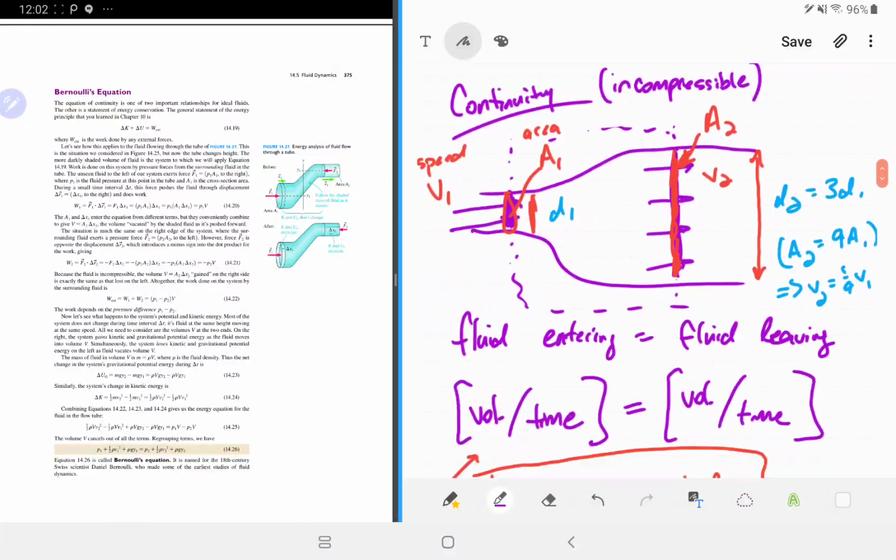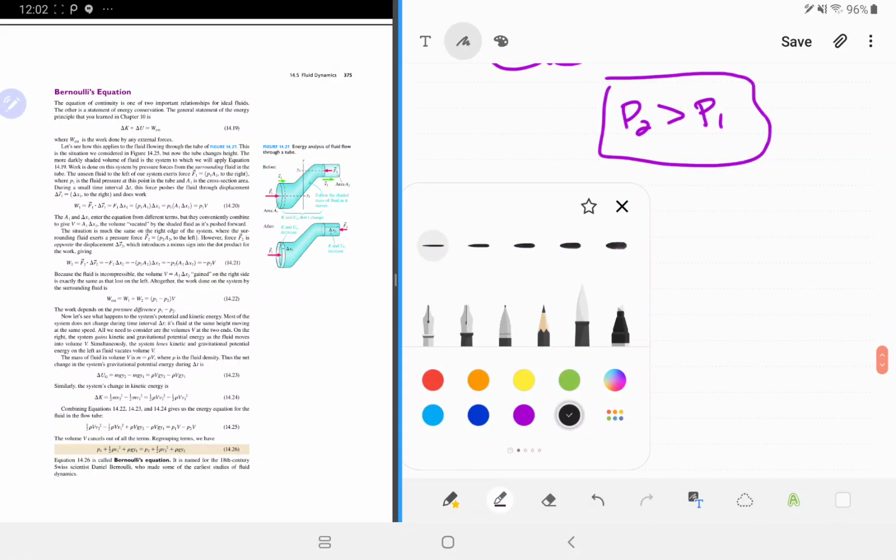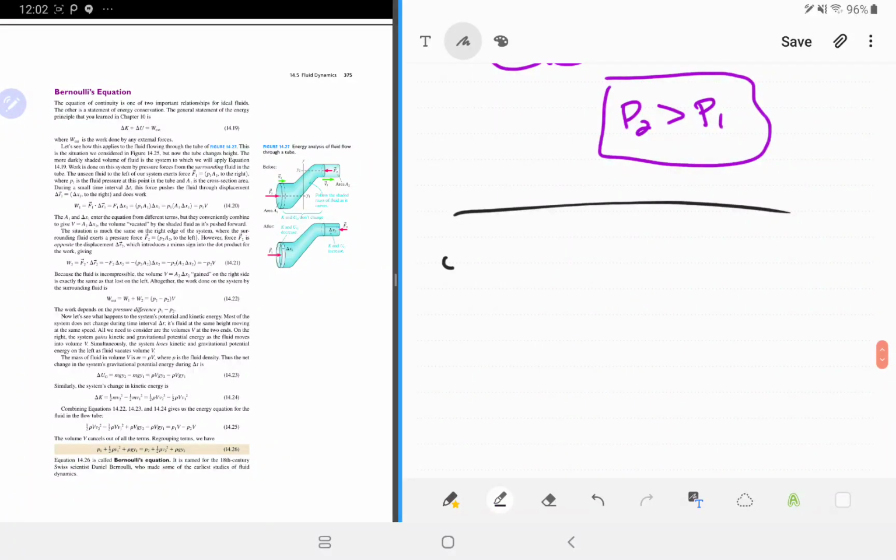Okay, so to write down the equation for that, the original question. The pressure at point 2, which is equal to the pressure at point 2 prime, is equal to the pressure at point 1 plus rho g, and then call it the delta h between the two.